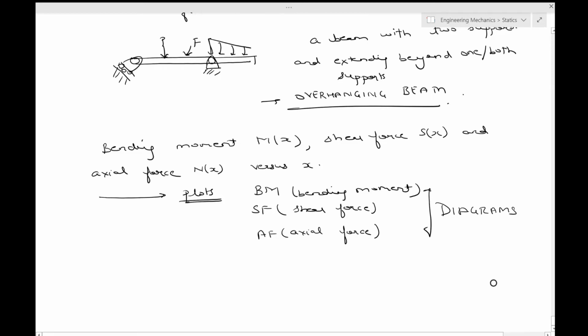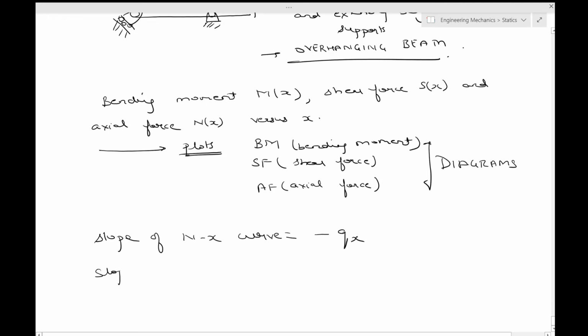So we have already seen that the slope of the N of x curve is equal to minus qx. Similarly, the slope of the S of x curve is equal to minus qy, and the slope of the M of x curve is equal to minus S minus m.